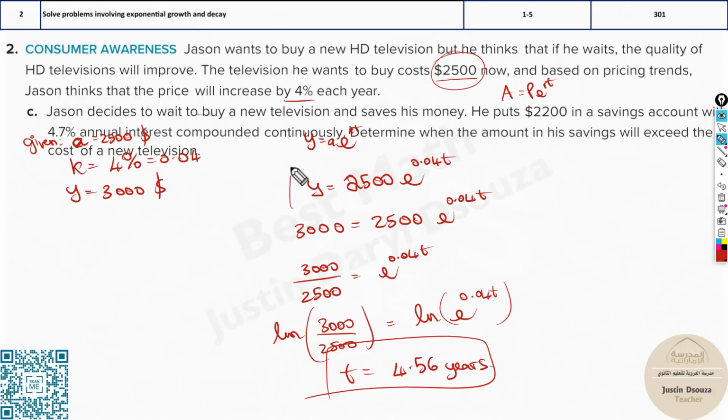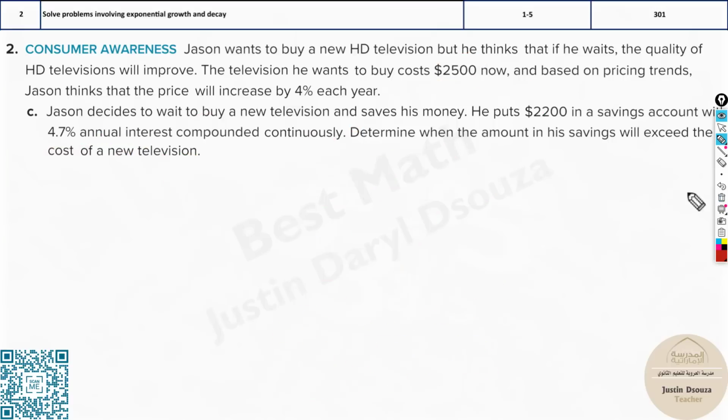Now we have to write again for this one. When will this equation be greater than this equation? In the sense, when will y money, the money which he puts, be greater than y cost of TV.